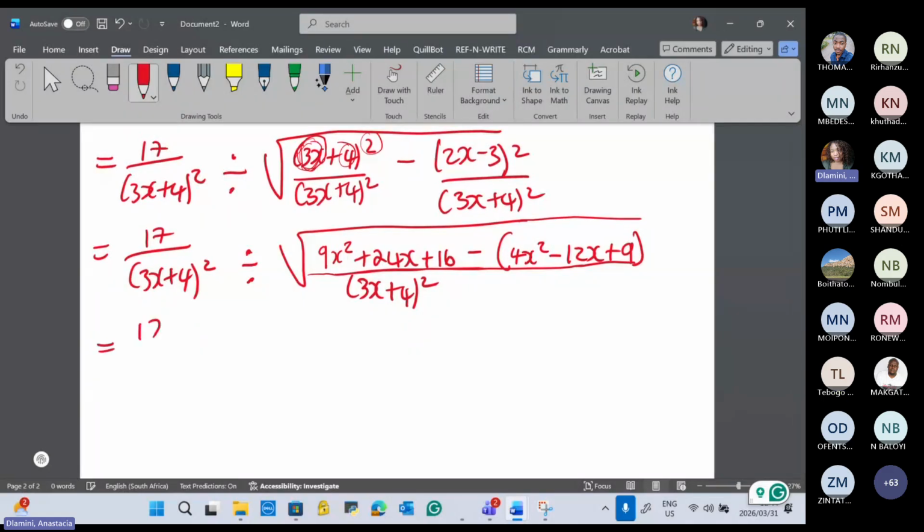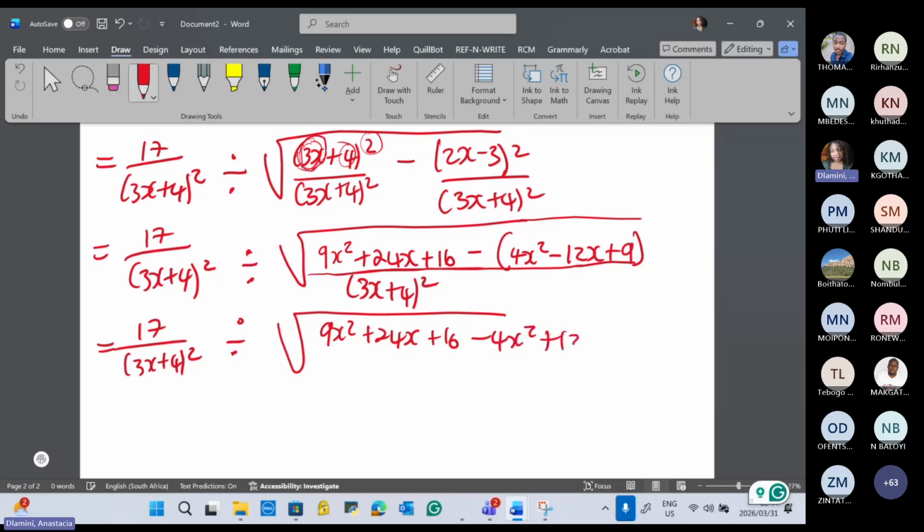So this is 17 over (3x plus 4) squared divided by, let's simplify this. We have 9x squared plus 24x plus 16 minus 4x squared plus 12x minus 9, over, so the square root is over everything. Are we winning?